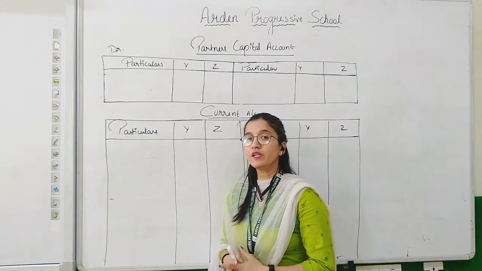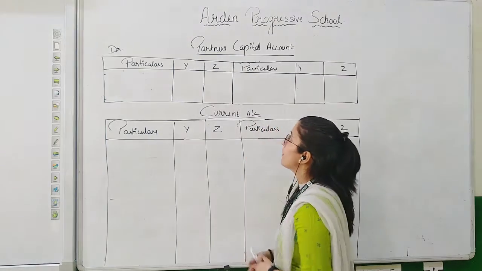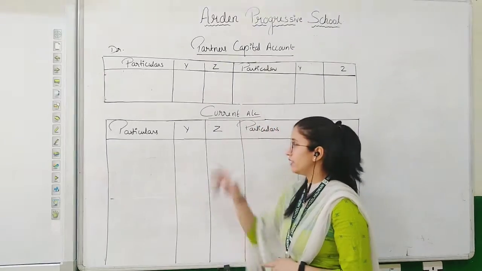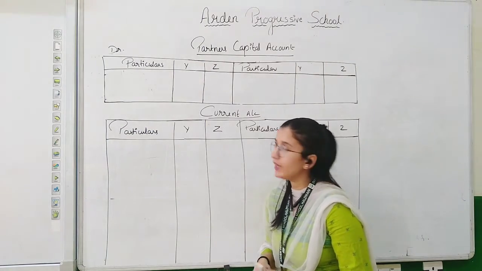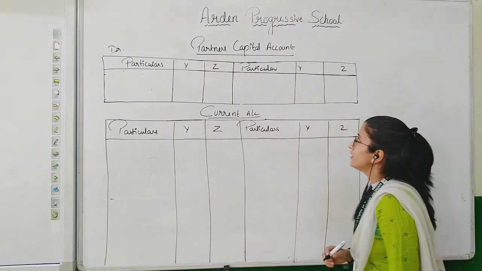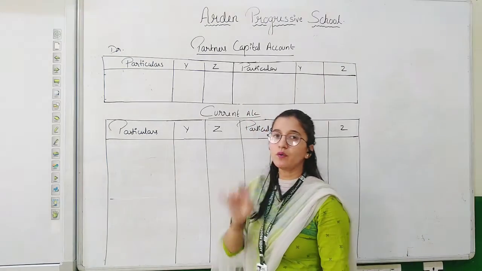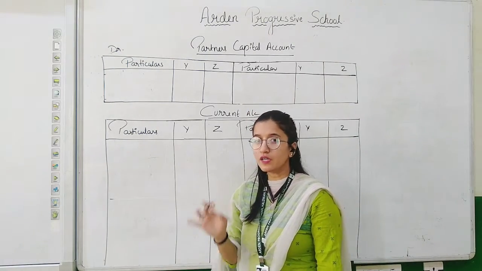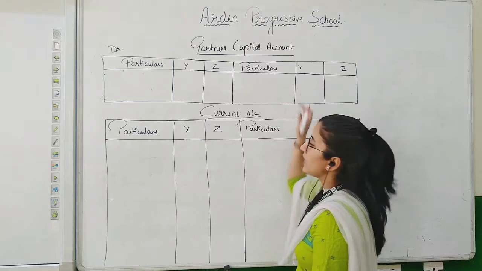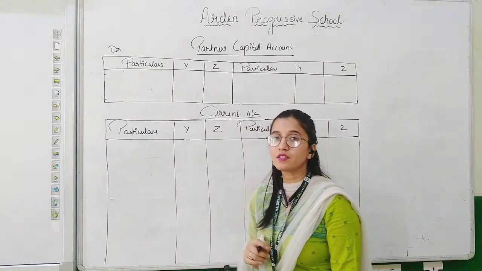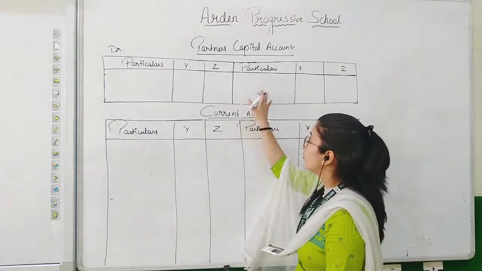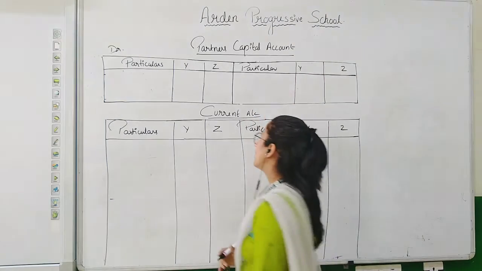After preparing profit and loss appropriation account, we will be preparing partners capital account, and then after preparing partners capital account, current account will be prepared. So as we know in partners capital account, we will record all the transactions related to capital. So Y has brought 25,000 as capital. This will be considered as opening balance, and opening balance is written on credit side.